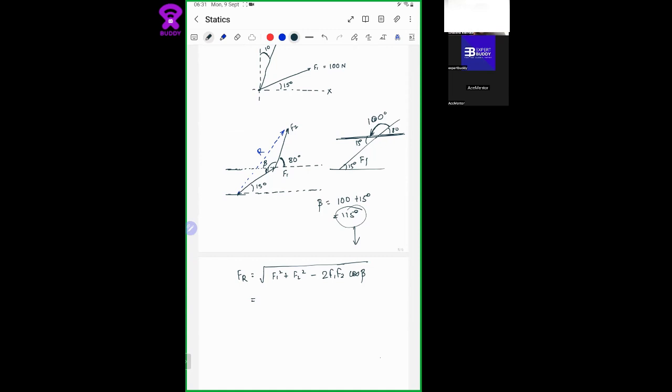Okay. Can you tell me what is cos 115 degrees? Then you'll just get to know what I was talking about. F1 squared plus F2 squared, then it's 200 into negative 0. I'll just put it in the calculator.